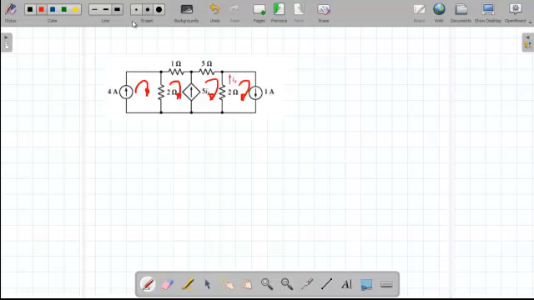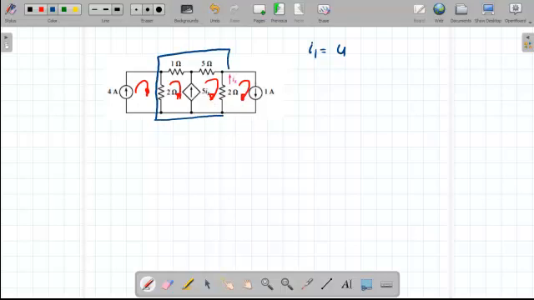Okay, please pay attention to the dependent current source. In mesh 1, we can say I1 equals 4. In mesh 2, we cannot apply KVL because we have a current source between these two, so we will form a supermesh between these two.